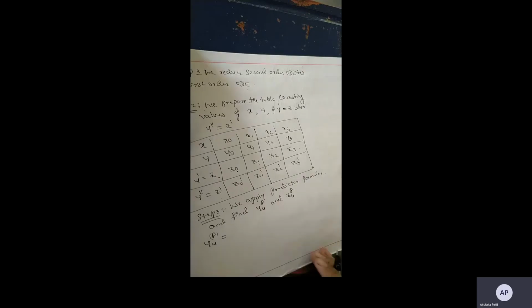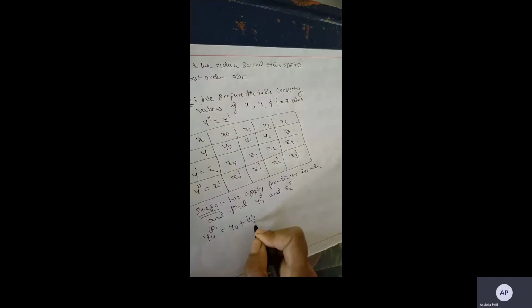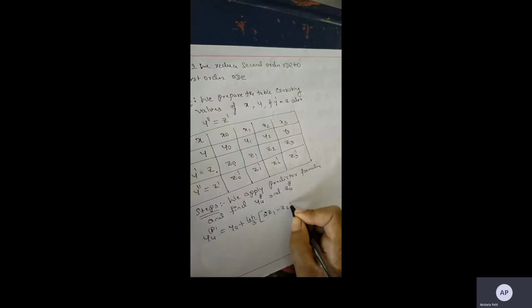So the formula for y4 of predictor is y0 plus 4h by 3 into 2z1 minus z2 plus 2z3.